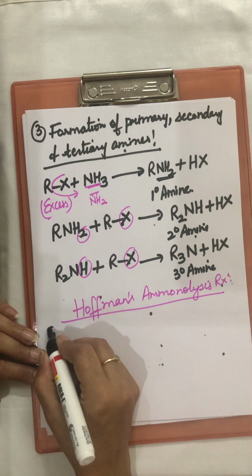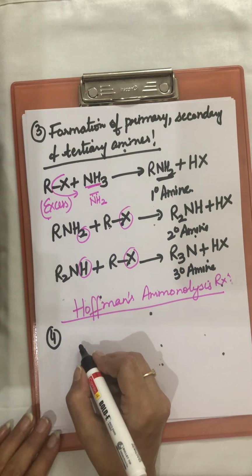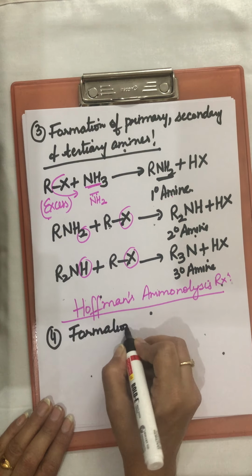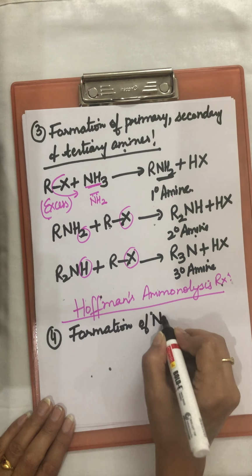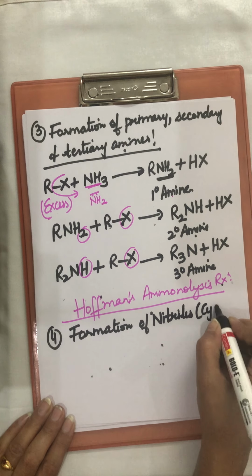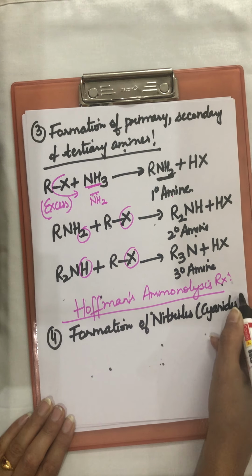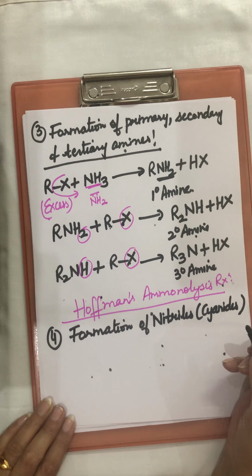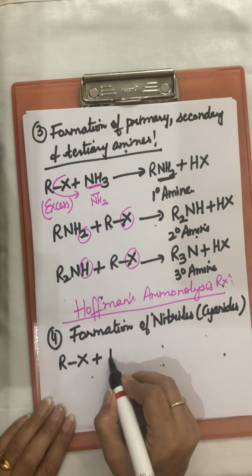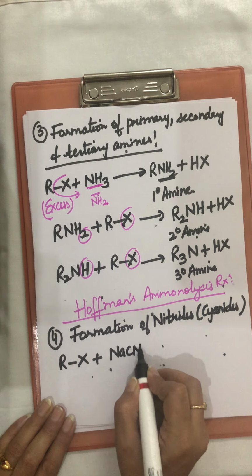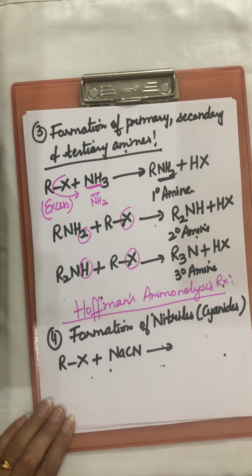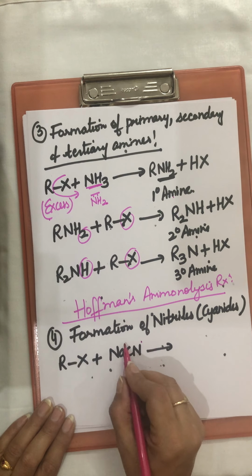After preparation of primary, secondary, tertiary amines, next we have formation of nitriles. Nitriles are commonly known as cyanides. This is the CN functional group. So when haloalkanes are reacted with NaCN, sodium cyanide or potassium cyanide, then CN minus is a stronger nucleophile.